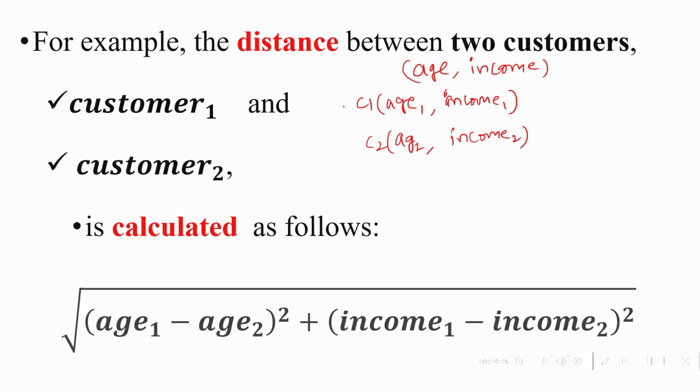Now we find the distance between the first and the second person. The distance is calculated as (age 1 minus age 2) whole square plus (income 1 minus income 2) whole square, under the square root. Like that we find the distance between the two customers for the two features.